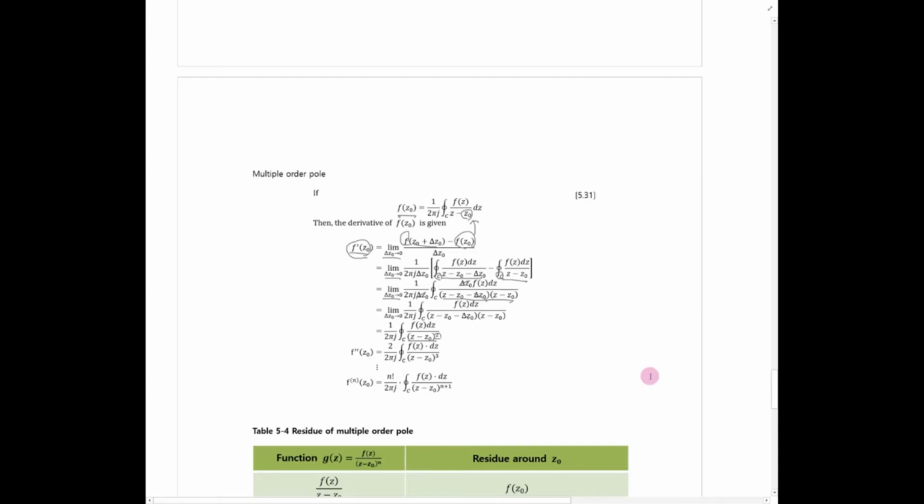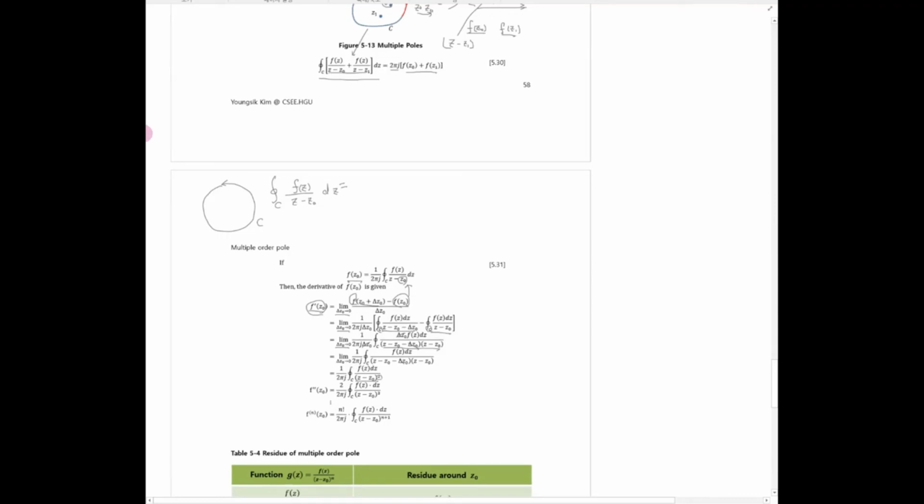This means that for any given closed contour, if f of g is analytic and we take the closed contour integration of f of g over g minus g0 on this contour, it equals 2 pi j times the residue.